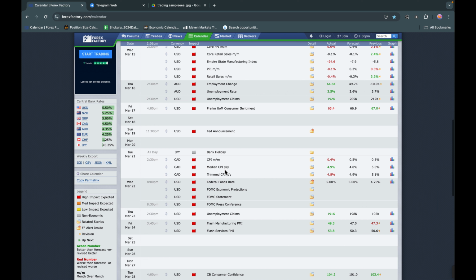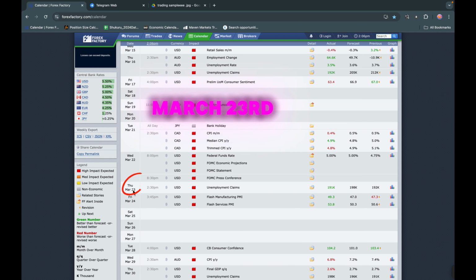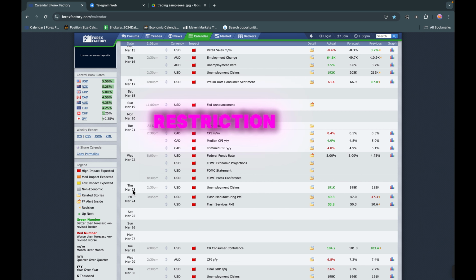The only trading day that we'll be looking forward to trade is Thursday, March 23rd, but only if the daily proves the idea of us trading, or if Thursday is a trading day based on our daily time frame restriction.